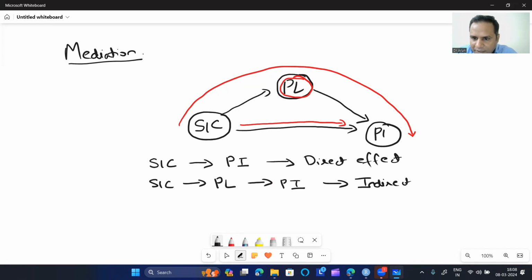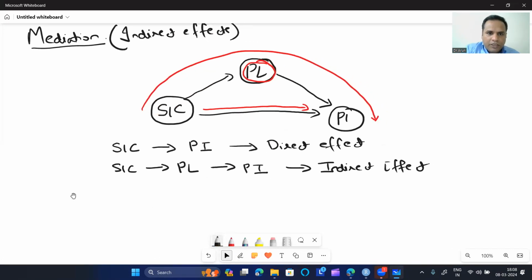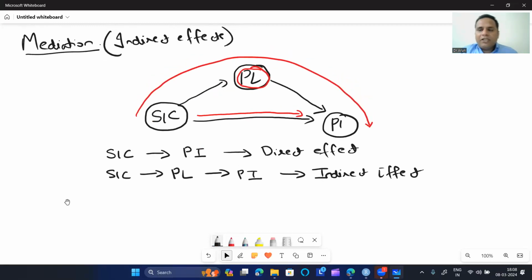Now, when you talk about mediation, you are actually testing for the indirect effects. Whenever you go for mediation, you check the indirect effect.